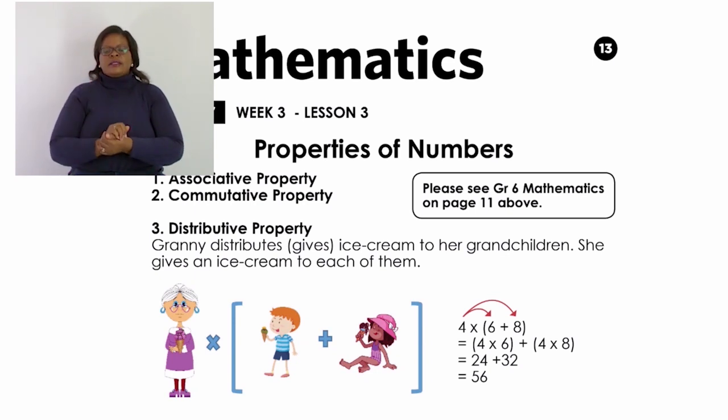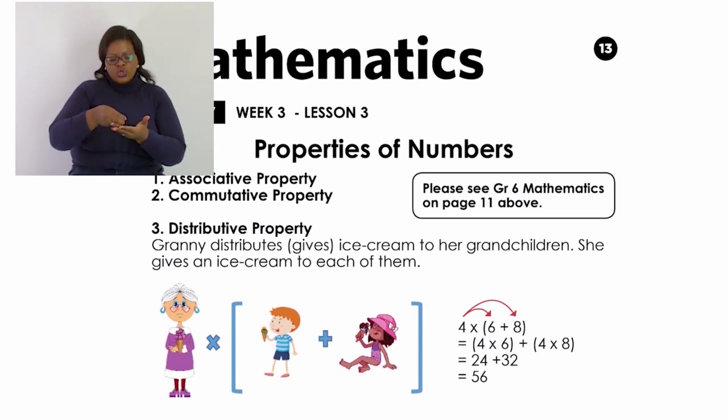And in that manner, 6 plus 8 can also be inside the brackets. So to distribute 4 to those numbers inside the bracket, you can expand and say 4 times 6 and 4 times 8 until you get to the answer.